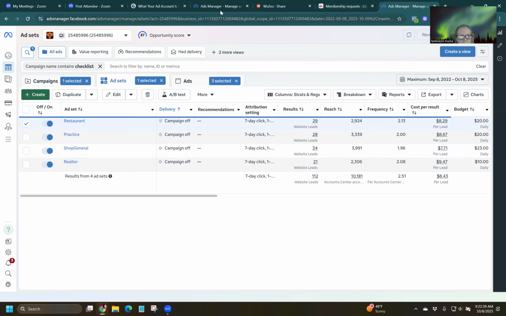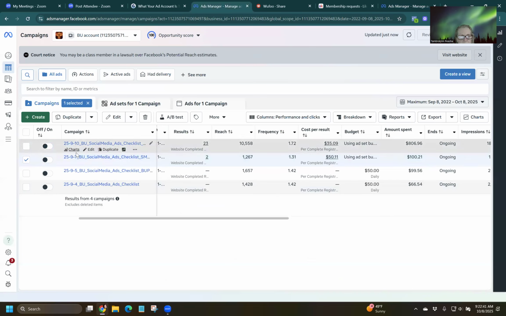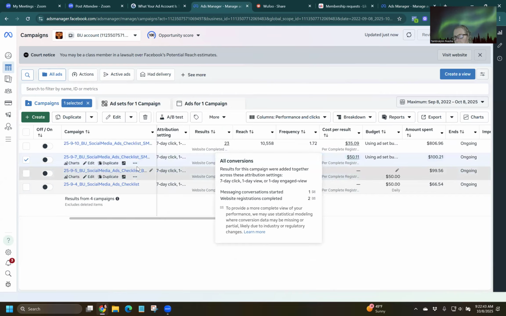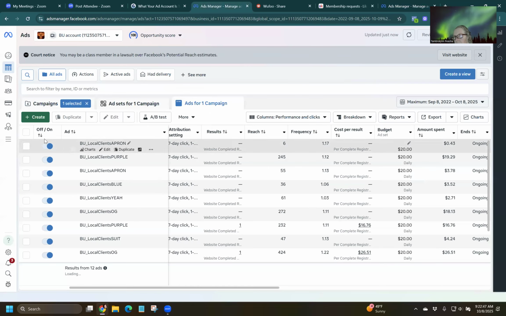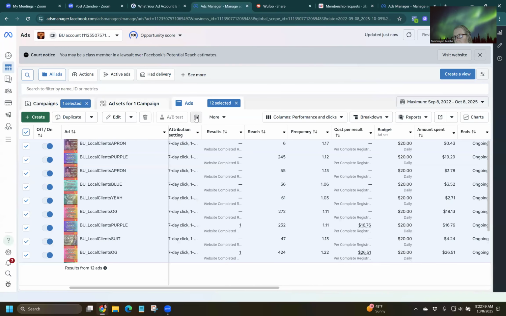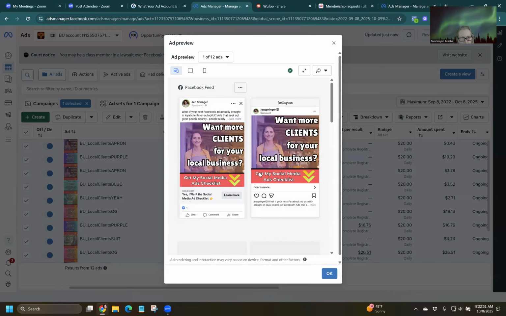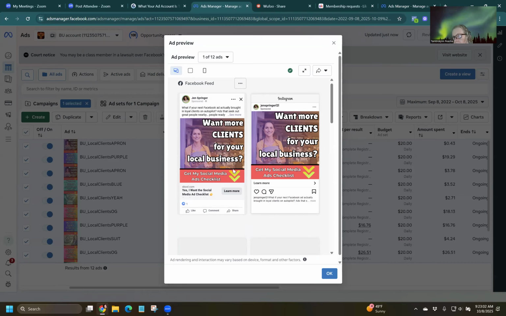Now, different objective, different account. This one, the same ads, went to school to build my school following. The thing is that different ads are going to behave differently in your cost per result.